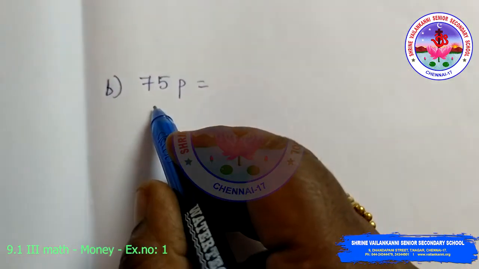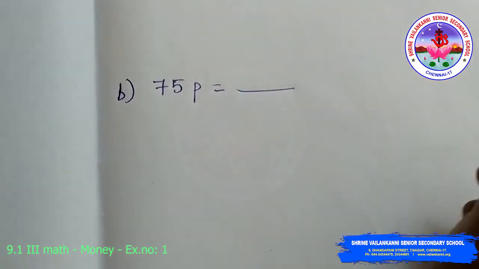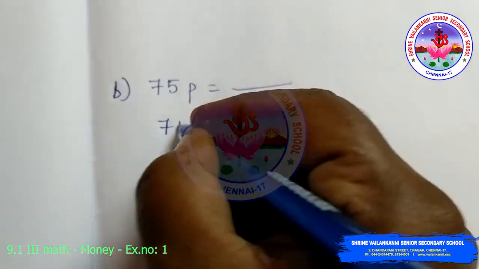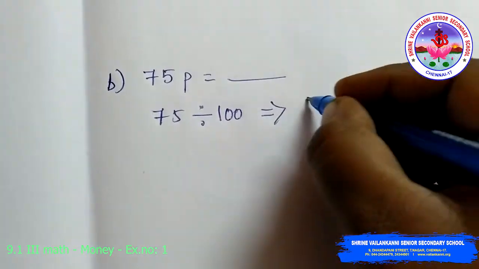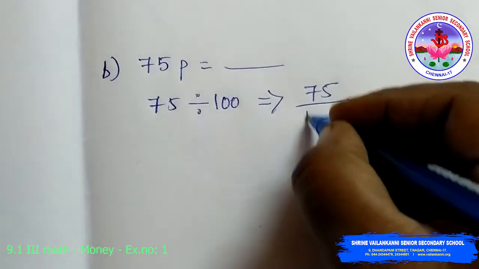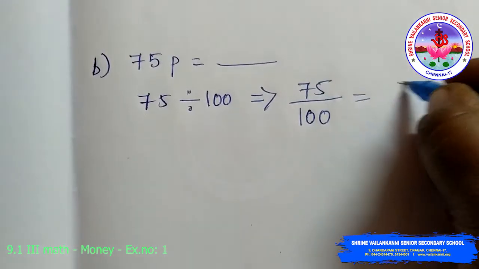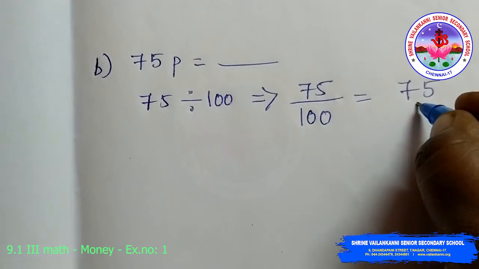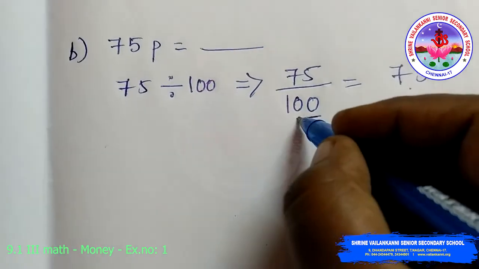Okay, we'll see one more sum, 75 paisa. This has to be written in rupees. So 75 divided by 100, that is numerator 75, denominator 100. Write the numerator as it is. In the denominator, how many zeros do you have? 2 zeros.